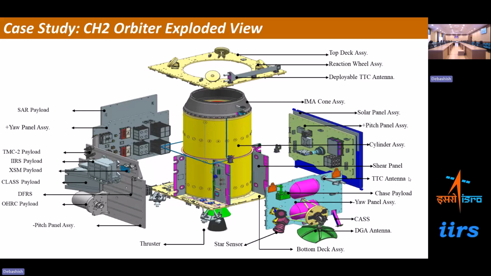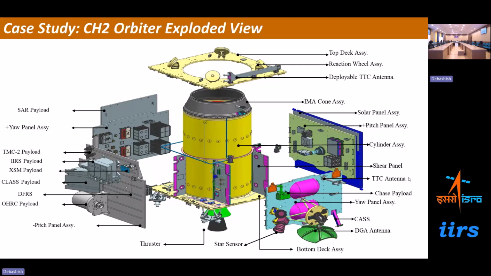So these are all the design-level decisions we have to take so that they are uninterrupted. Like a star sensor should not be blocked by any of the other equipment. Like the DG antenna, while transmitting the data, should not get blocked. So this kind of design, or mounting, we have to study during the design phase.